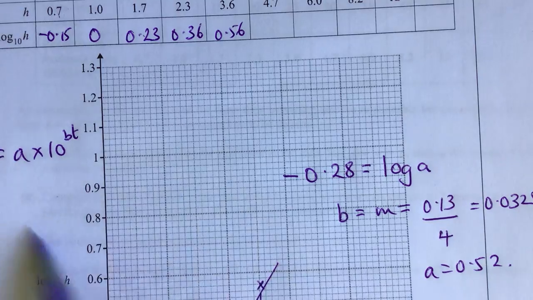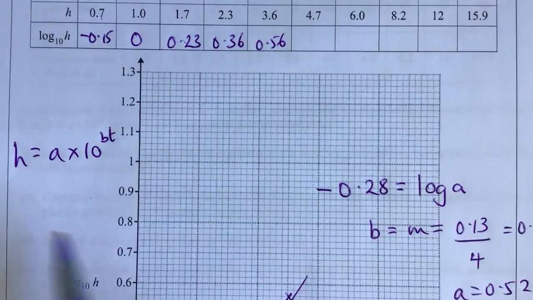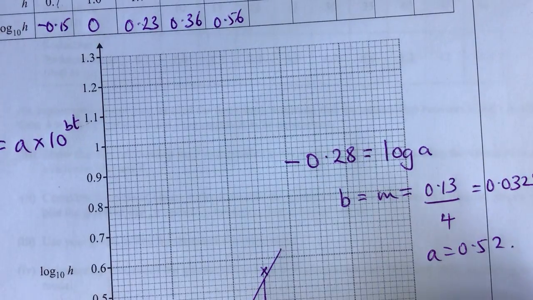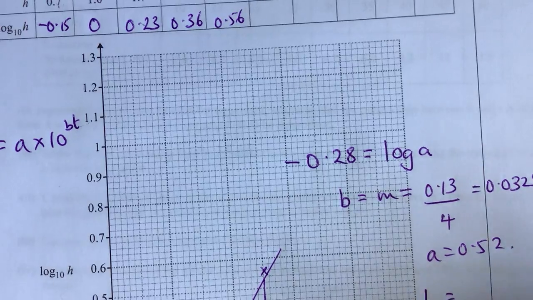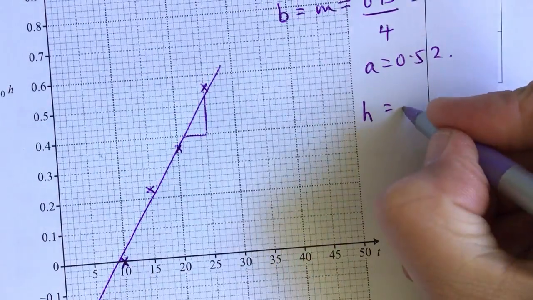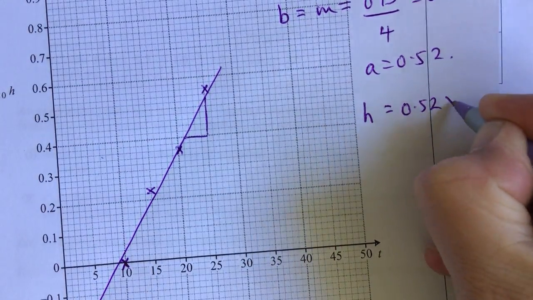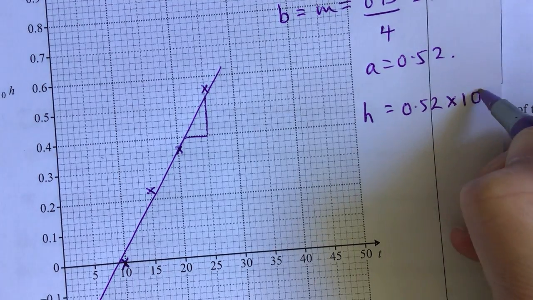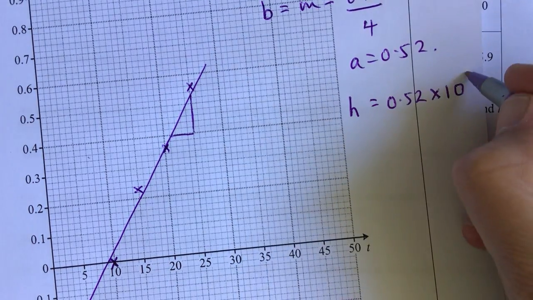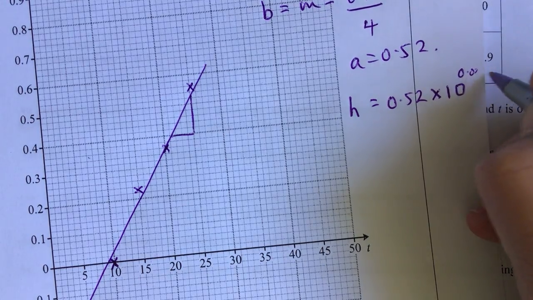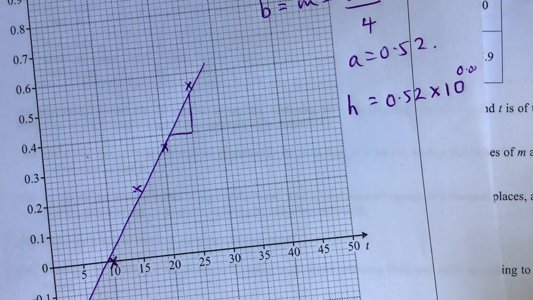Okay, so when it wants an expression for h, I can go over here and say h equals 0.52 times 10 to the power of bt. I haven't got space to write it, but that would go there.